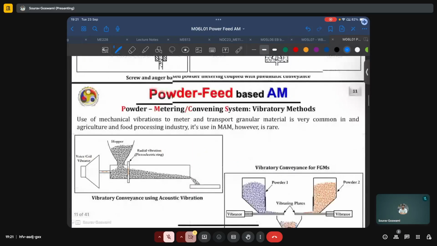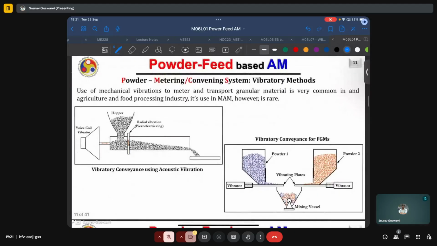This metering and conveying can be done by vibratory methods, which are typically encountered in the agriculture and food processing industry. But in the case of metal additive manufacturing, their usage has mostly been exploratory.